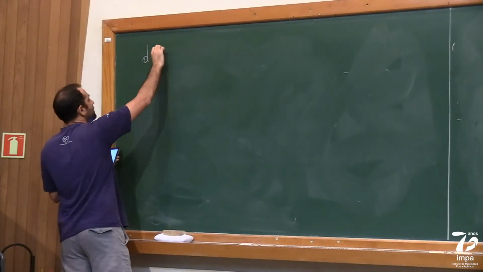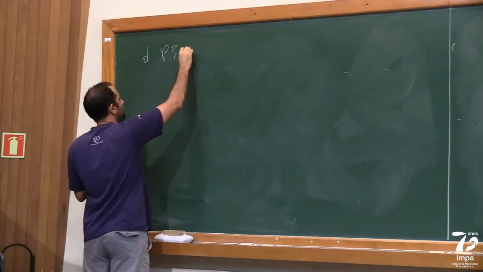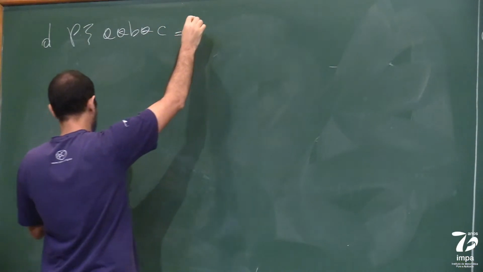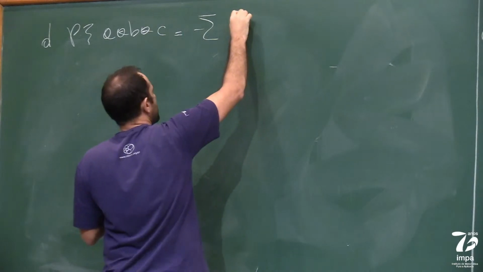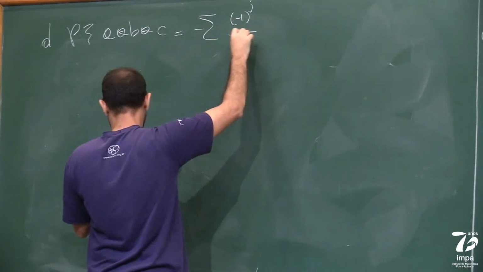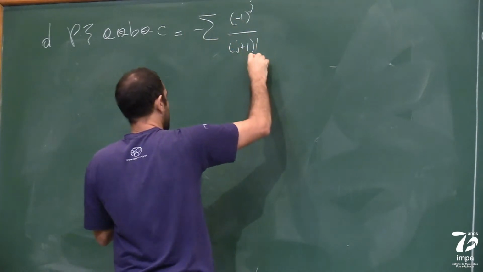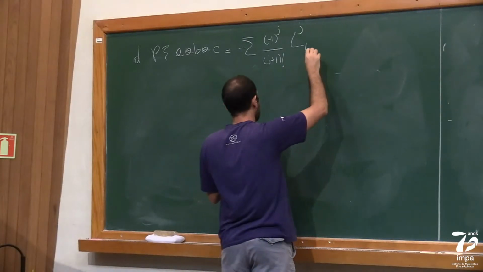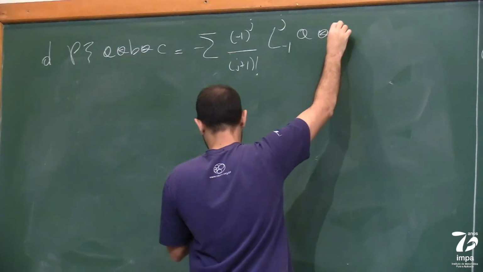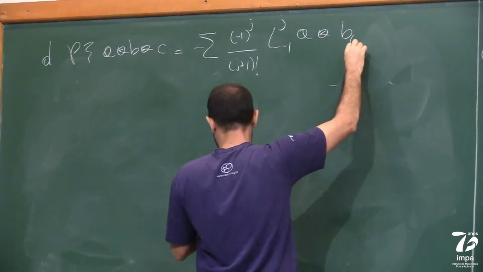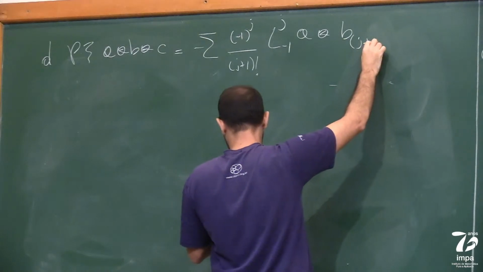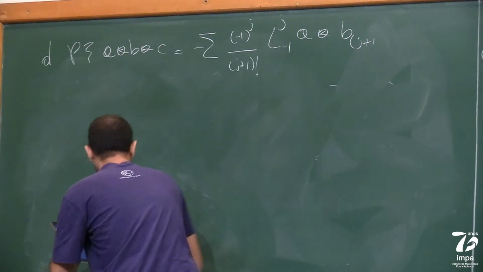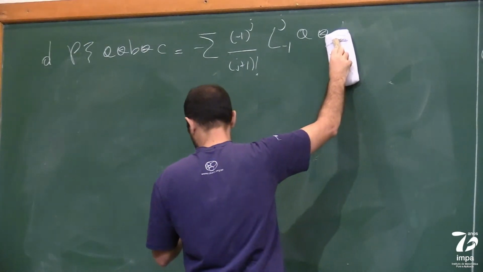So the differential of this function p(z), A tensor B tensor C, is a sum of minus 1 to the j over (j plus 1) factorial, L minus 1 to the j applied to A tensor B. I'm doing this wrong, I'm reading this wrong.